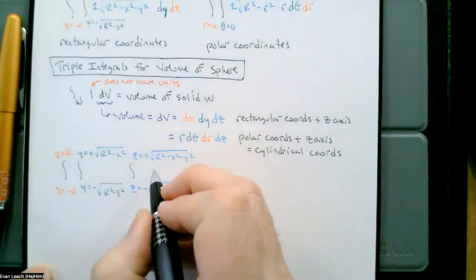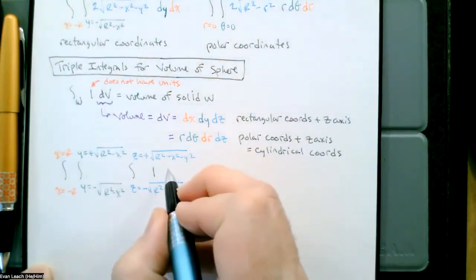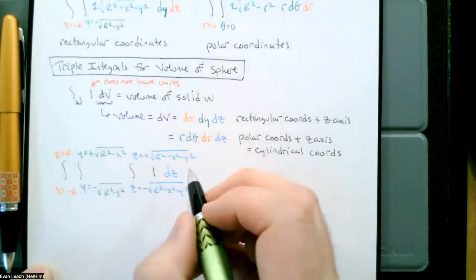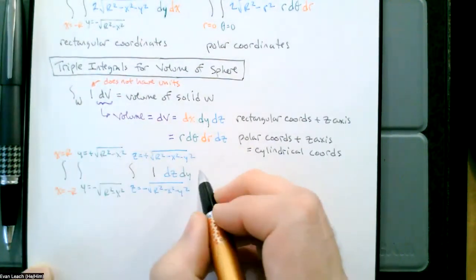So this is just the integral of 1. And then the order, it looks like I did a dz integral first. Then I did my dy integral. And then we did the dx integral.